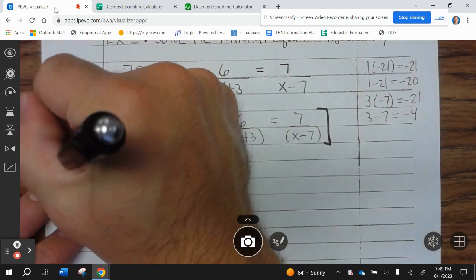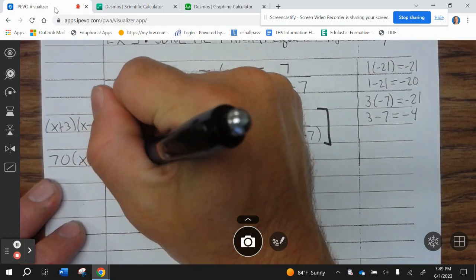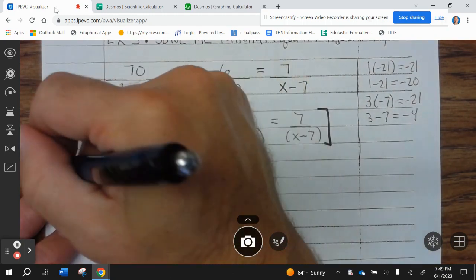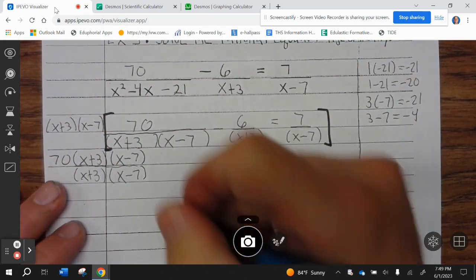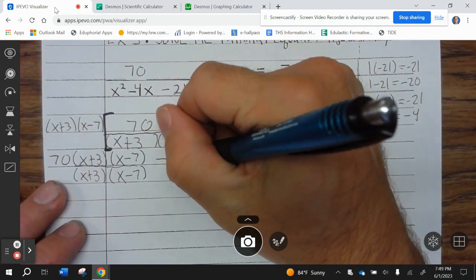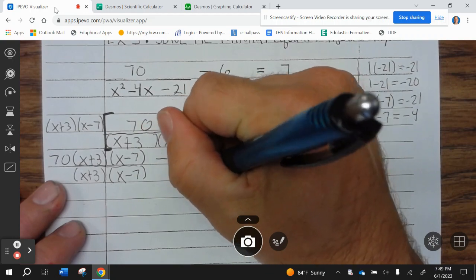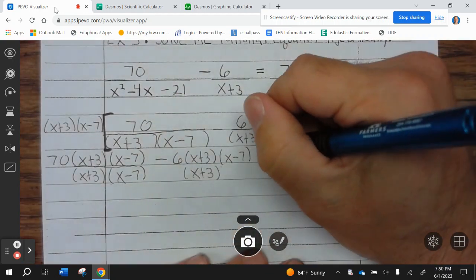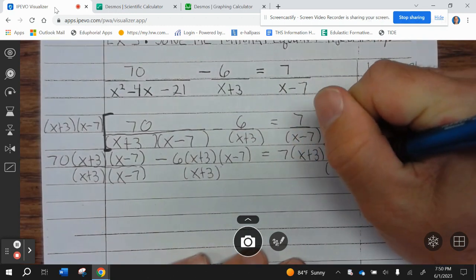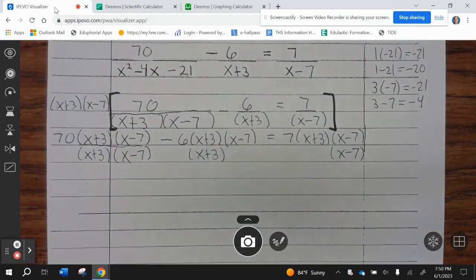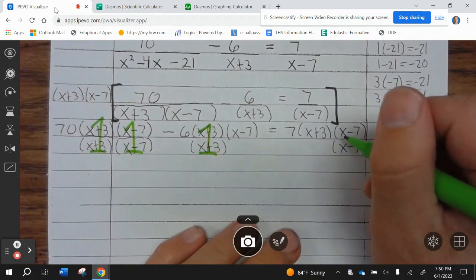So this becomes 70 times x plus 3, x minus 7, divided by x plus 3, x minus 7, minus 6 times x plus 3, x minus 7, divided by x plus 3, equals 7 times x plus 3, x minus 7, divided by x minus 7. Well, each of these divides and becomes 1.